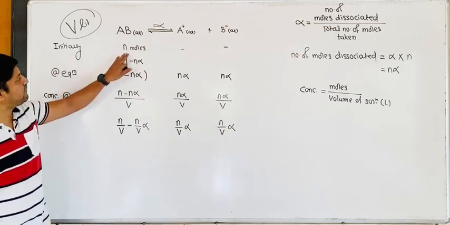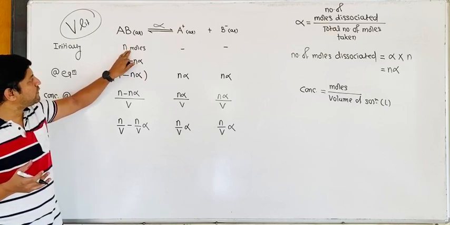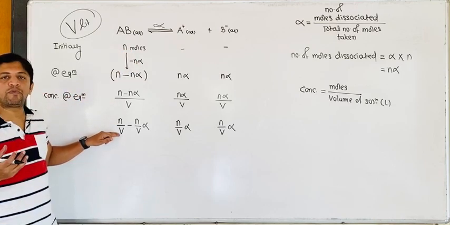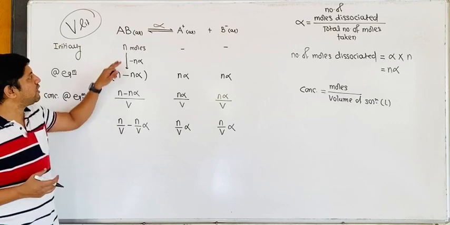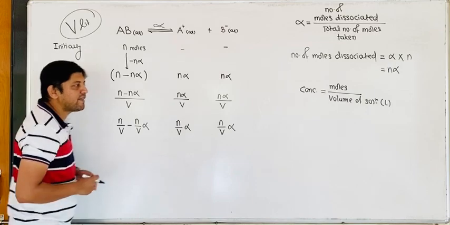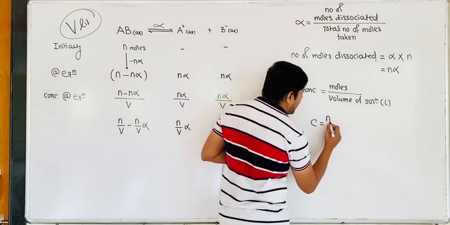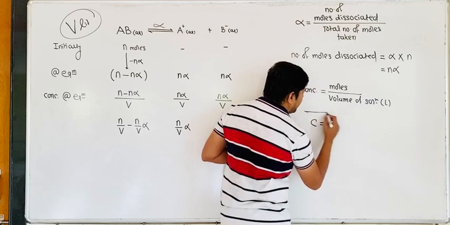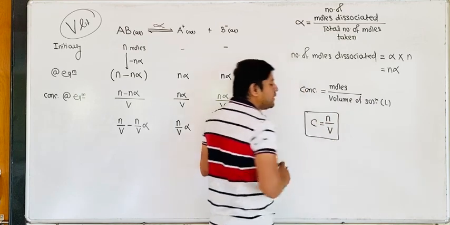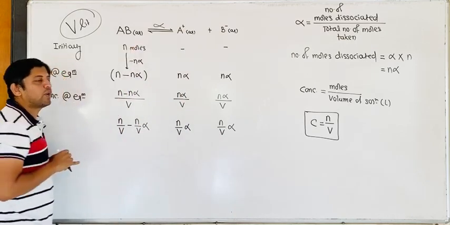If n represents the number of moles initially present, then number of moles initially present divided by volume of solution means the initial concentration of electrolyte AB. So the initial concentration C is equal to n, the number of moles initially taken, divided by V.